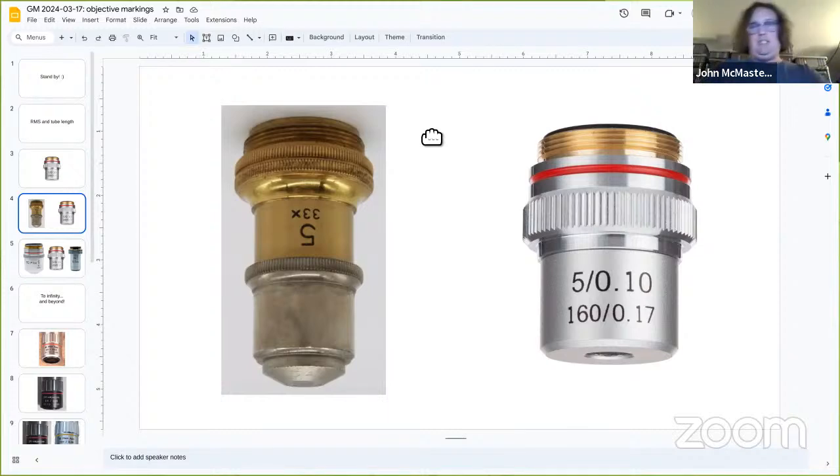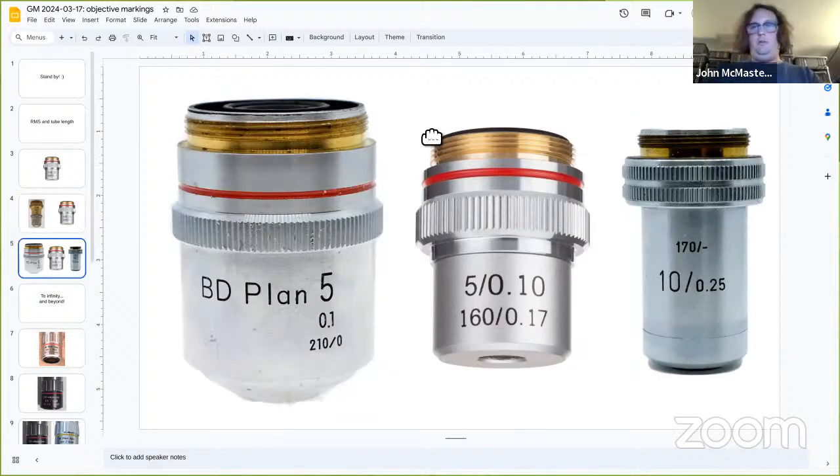Cool. All right. So you can see these are basically the same. And let's go a little bit further here. I mentioned that 160 is the gold standard, but basically over time, as microscopes got more complicated, people said, hey, I want to keep putting more accessories in between the objective and the camera.